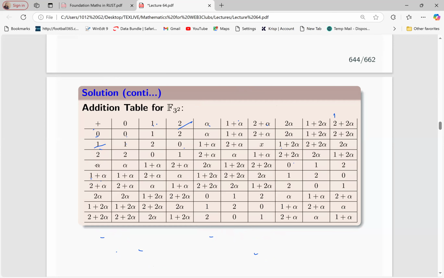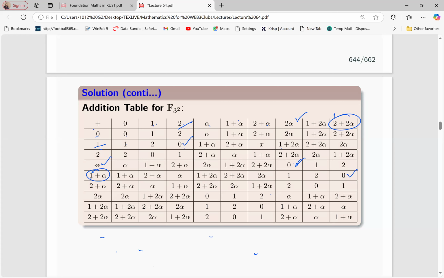Because A plus 2 gives you the identity 0. You can easily see that the inverse of alpha is 2 alpha because their sum is the identity element. The inverse of 1 plus alpha, I'm just checking, is 2 plus 2 alpha because their sum gives the identity element.